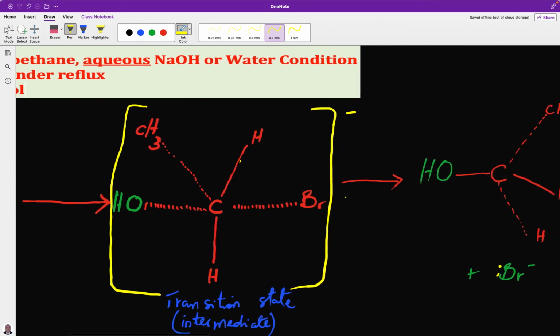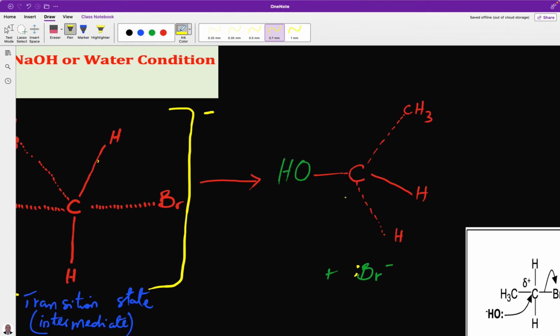After that, what happens? The nucleophile, the OH, firmly attaches itself to this carbon, and the bromine finally leaves as a bromide ion with a lone pair of electrons. What happens? An alcohol by name ethanol is produced.